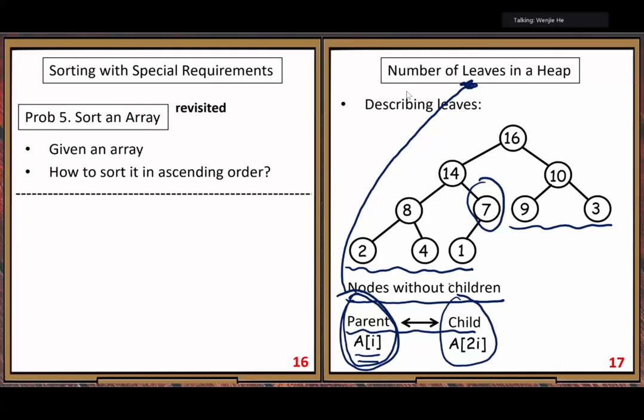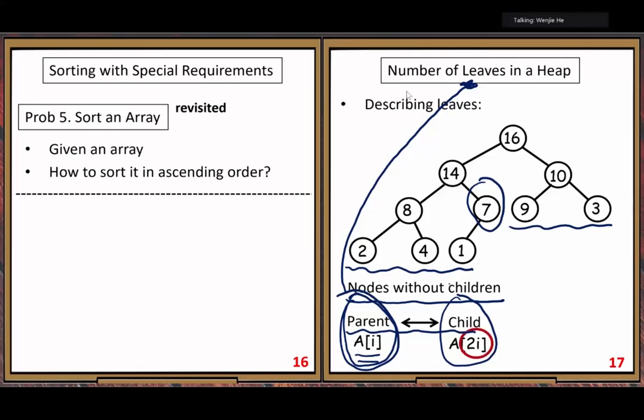For a leaf node, we look at its child node, but its left child node is out of the range of the indices of this array. When we double its index i, 2i is out of the range of the array indices. That's our understanding of the leaves.